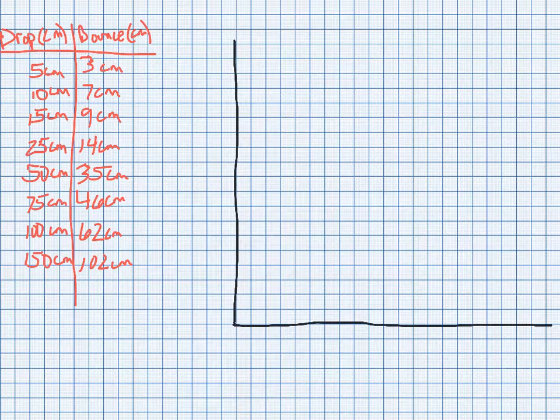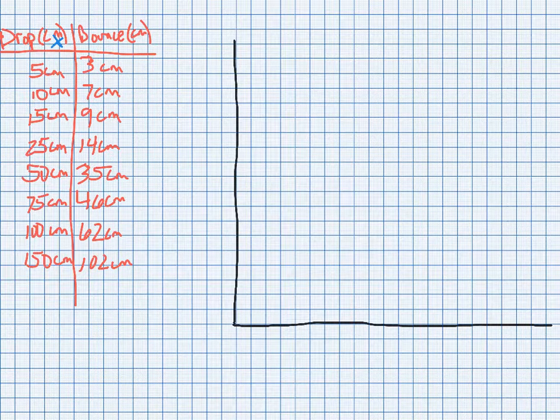So now that you know the drop height, we said, was the manipulative, which I hope you remember goes on the x-axis.